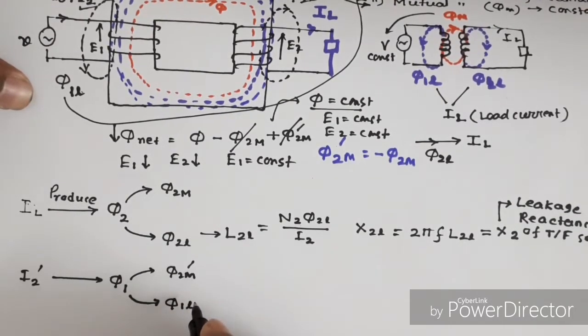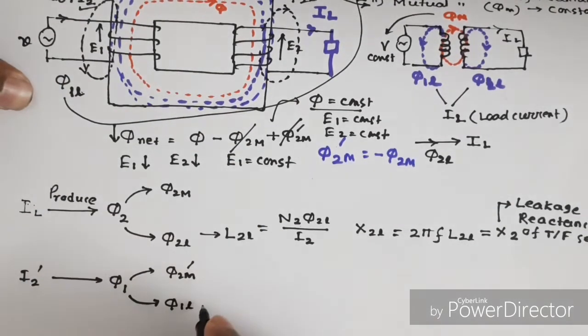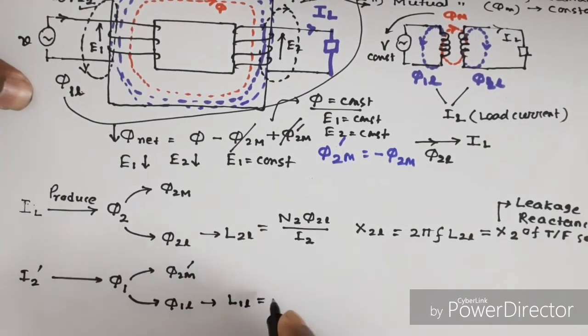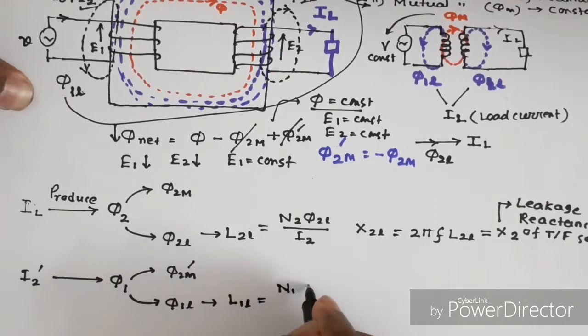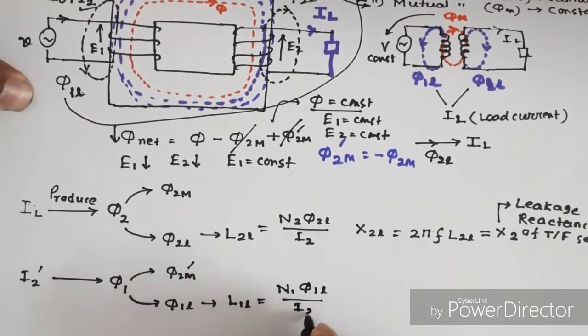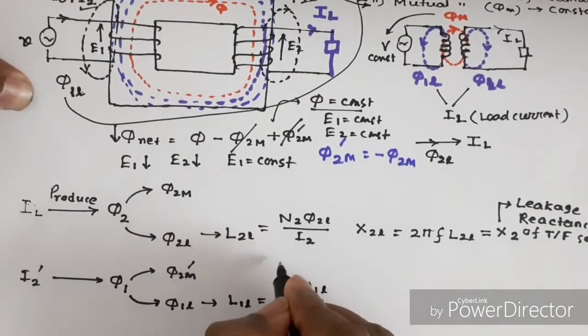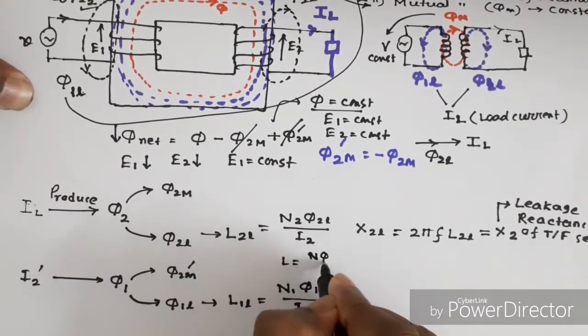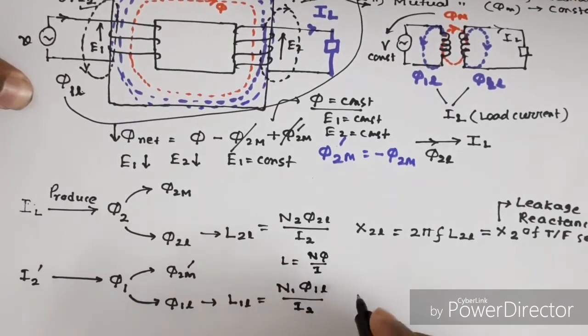Due to the leakage flux in the primary winding, the leakage inductance will be given by N1 phi 1L by I2. Since all of you know L equals N phi by I.